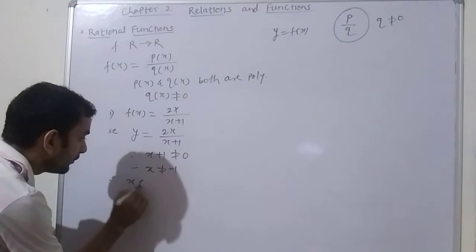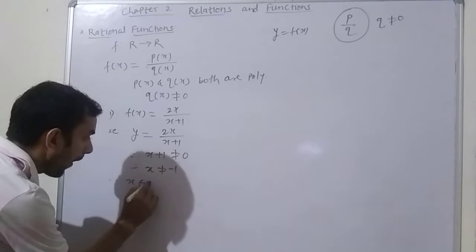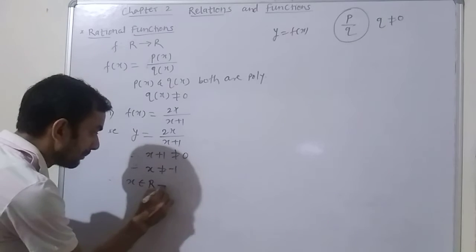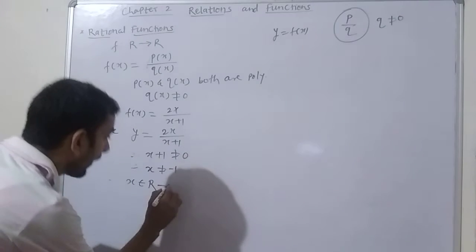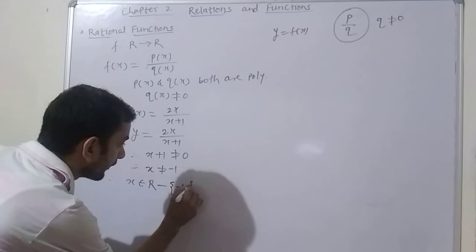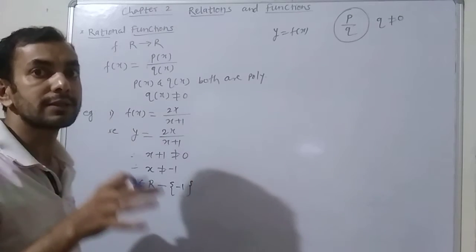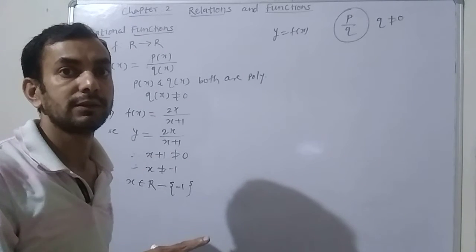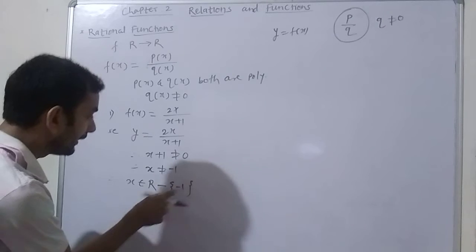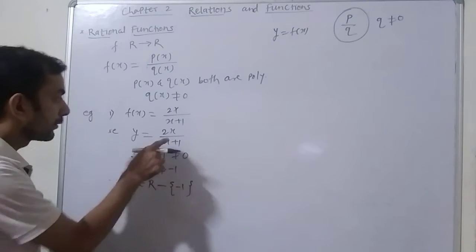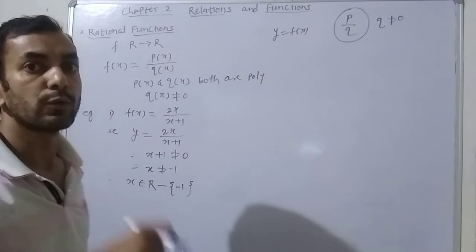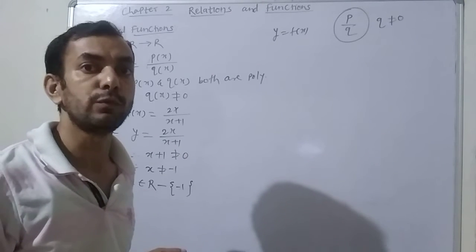Therefore, x belongs to the set of all real numbers. This minus sign indicates except minus 1. तो इस फंक्शन का जो डोमेन होगा set of all the real numbers but except of minus 1. क्योंकि आप minus 1 पुट करेंगे हम लोग, तो minus 1 plus 1 क्या होगा? आपका आंसर 0 मिलेगा.